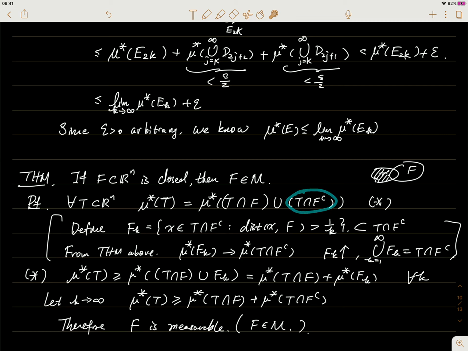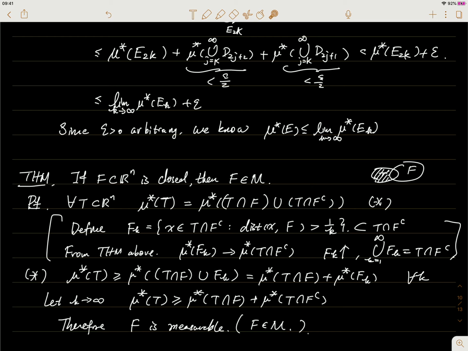So when I continue with the star, this outer measure is bigger than or equal to the same one with this replaced by F_k, since F_k is just a subset of that. So I have this bigger than or equal to the outer measure of the union of the intersection of F and T and this F_k.